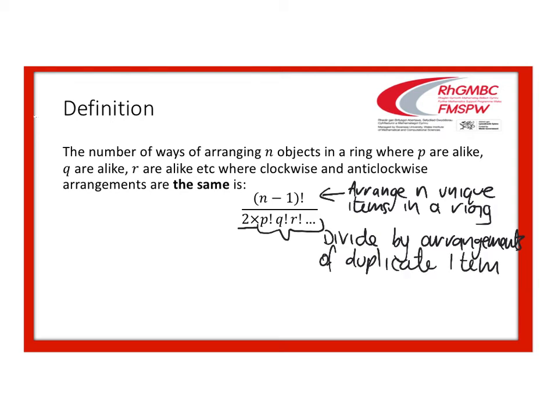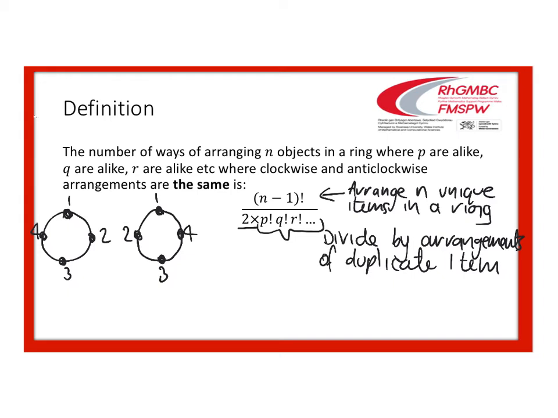And the reason we get this divide 2, going back to what we saw a moment ago, if I have these 4 objects, 1, 2, 3, 4, what we're doing is I am counting this as a duplicate, 1, 2, 3, 4. So instead of having these 2 arrangements, I've now got 1 arrangement.